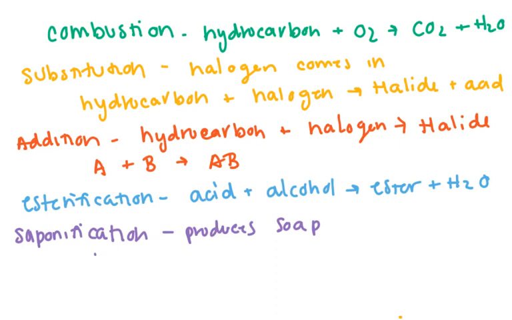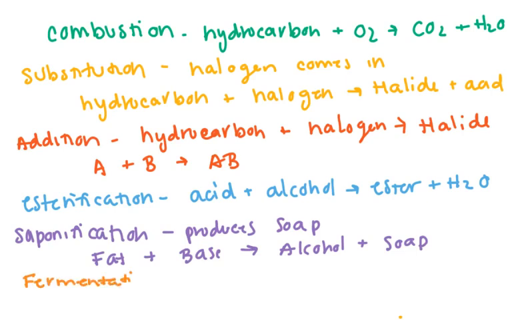And our formula is fat plus base gives alcohol plus soap. Right, and then we had fermentation. And this is sugar plus a catalyst of some sorts, and this gives us an alcohol and CO2. So this is the breakdown of sugar.